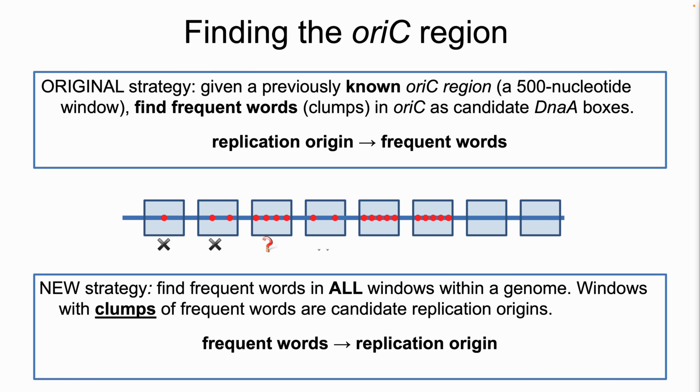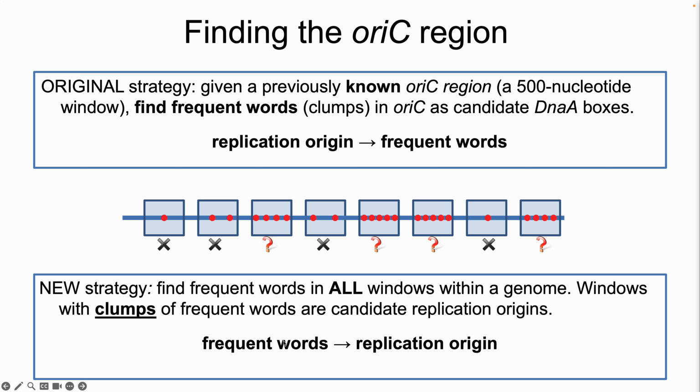Well, a useful approach is to chop up the genome into 500 base pair chunks and say, are there overrepresented K-mers clustered or clumped? Okay, so can we find clumps of overrepresented K-mers? So that original strategy was, if we know we've got a small region, that is the replication origin, look for the message in there by finding frequent words.